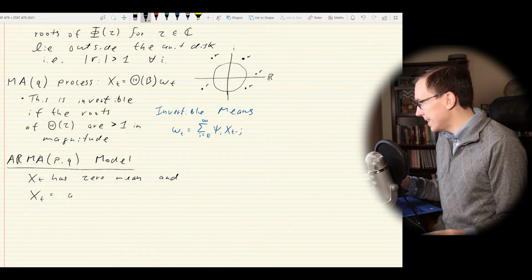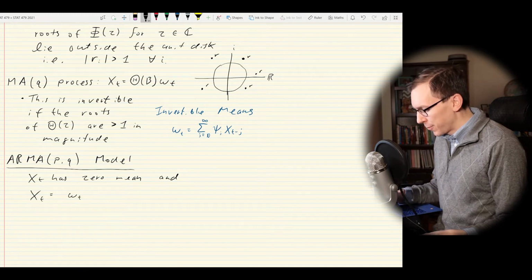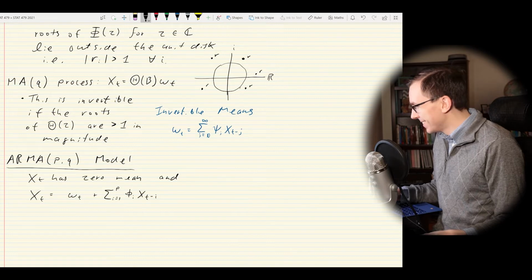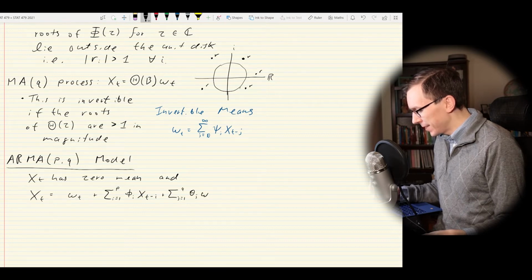And we're going to write xt in a couple different ways. The first way is to say it's going to be white noise at current time t, plus some type of autoregressive summation in terms of the phi's times xt minus i, and then a sum with j running from 1 to q of theta j times wt minus j.